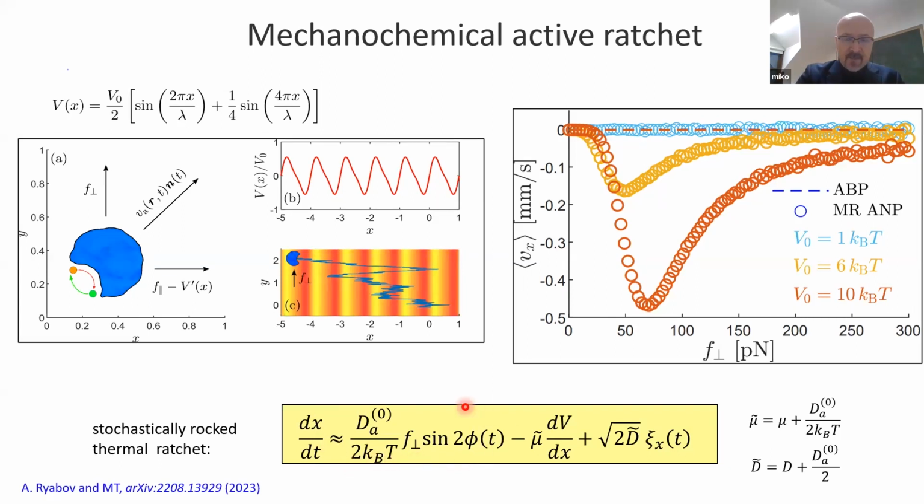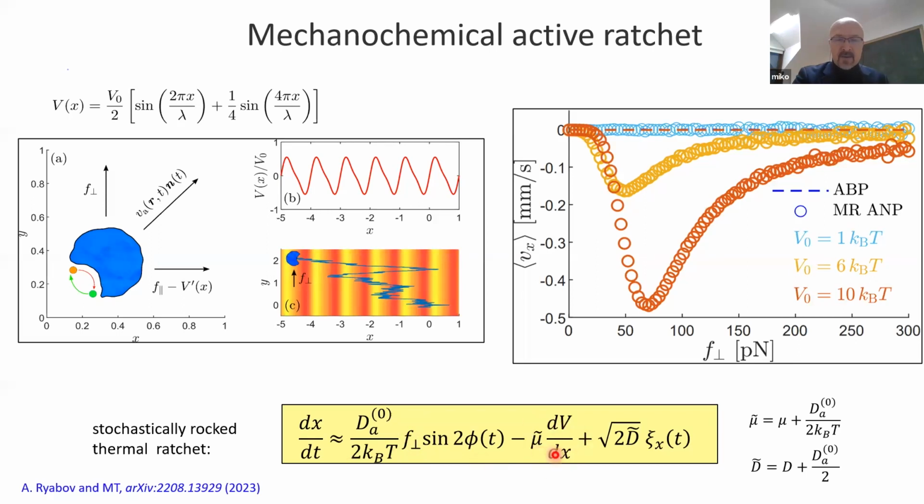The first term represents a stochastic force. Why stochastic? Because of the angle phi. It's the orientation of our nanoparticle, which undergoes rotational Brownian motion. So this phi is a random variable, and the amplitude is given by this transverse drive, right? So this is the stochastic force acting upon the passive Brownian particle.